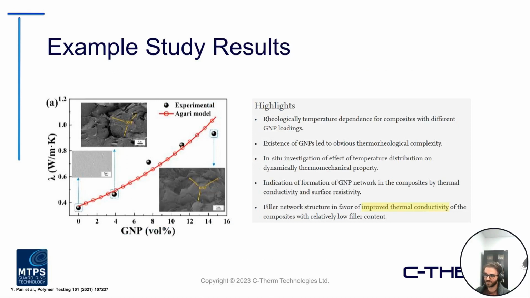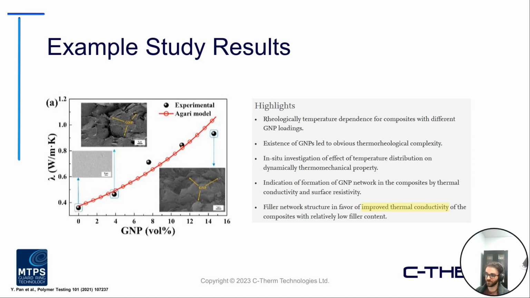These are some different groups that have focused on the MTPS method for their analysis. Here, this group was looking at varying graphene nanoplatelet loadings and the effective increase in thermal conductivity, comparing it to a specific model that they had developed.